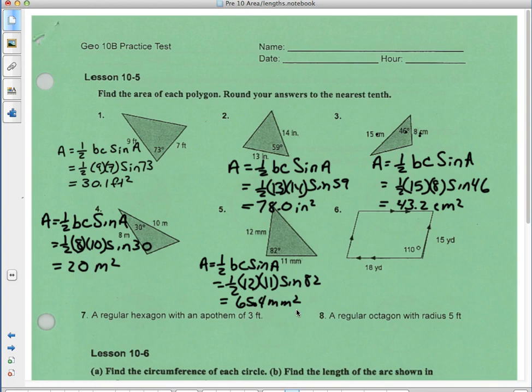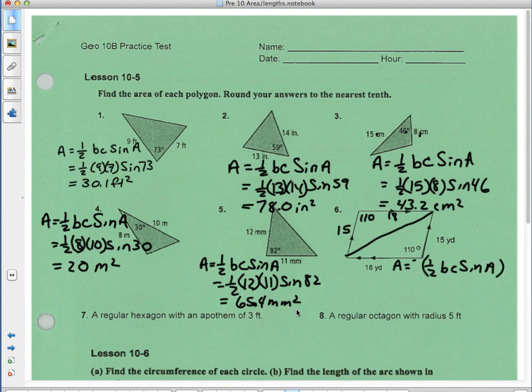Okay, my last one here, number 6 with my pictures, isn't a triangle. But remember, in a parallelogram, this is also 110 because opposite angles are congruent, opposite sides have the same measure, and this is also 18. So now I know that instead of doing area equal to 1/2 BC sine of A, that's one triangle.